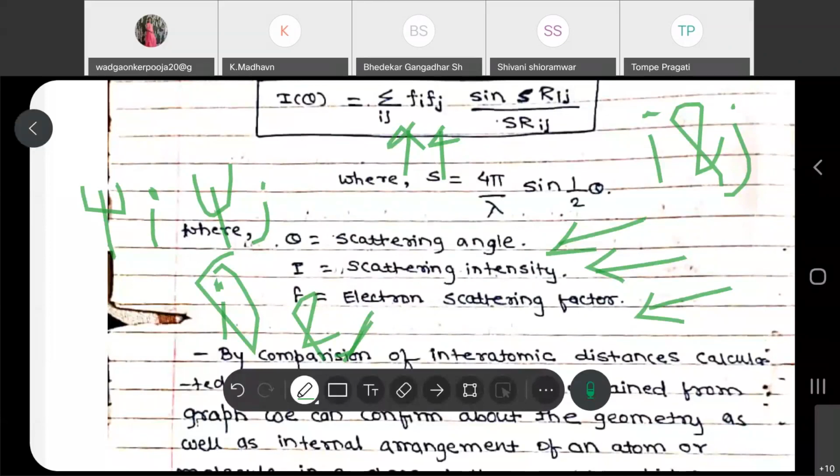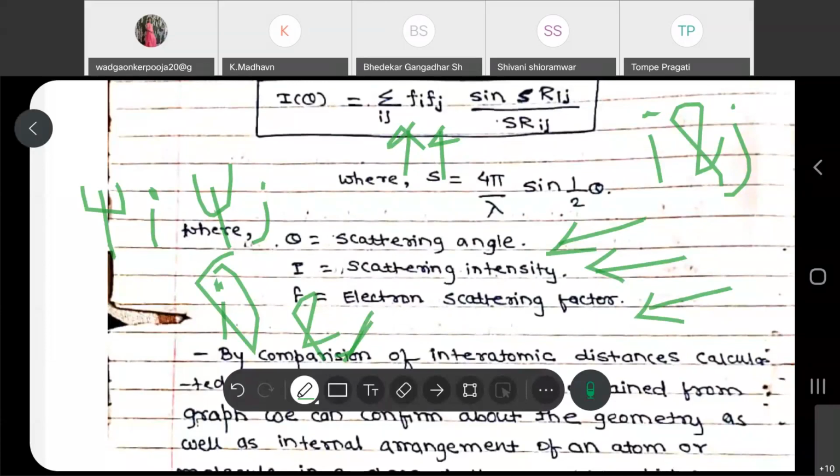And then after, sin SRIJ and sin SRIJ, what are these? These are nothing but the angles and the intensities of your ith and jth molecule. The angle that will be there, divided by SRIJ, that is nothing but simply S.